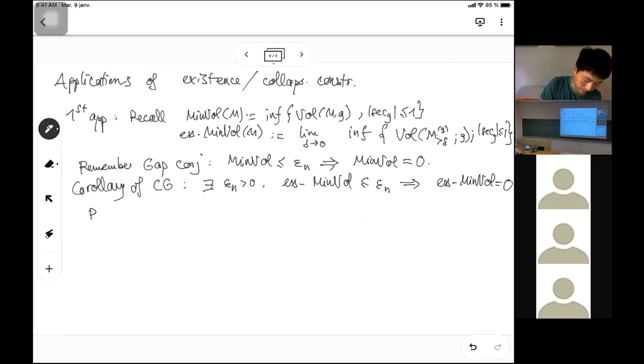And the proof of that goes as follows. Let's suppose that the essential minimal volume is very small. Suppose you have a manifold such that the essential minimal volume is smaller than delta n divided by 2, where delta n is as in the theorem of Cheeger-Gromov.